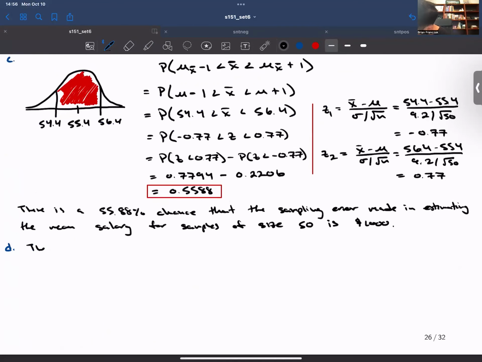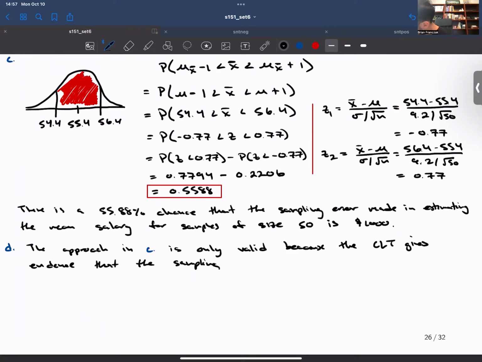The approach in C is only valid because the central limit theorem gives evidence that the sampling distribution of the sample mean when n equals 50 is approximately normal.